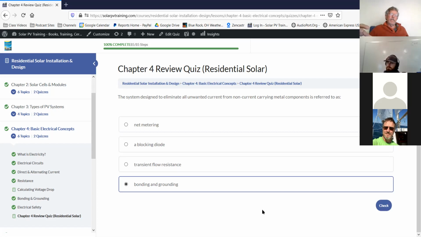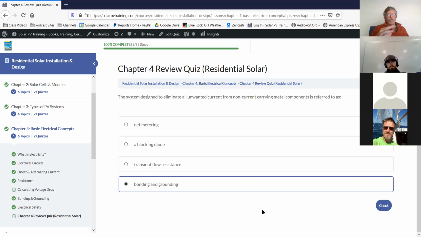So if you've got conduit and the wire is shorting out to the conduit, then what you want is your system to recognize that and take the transient fault to ground and hopefully notify you that there's a problem.